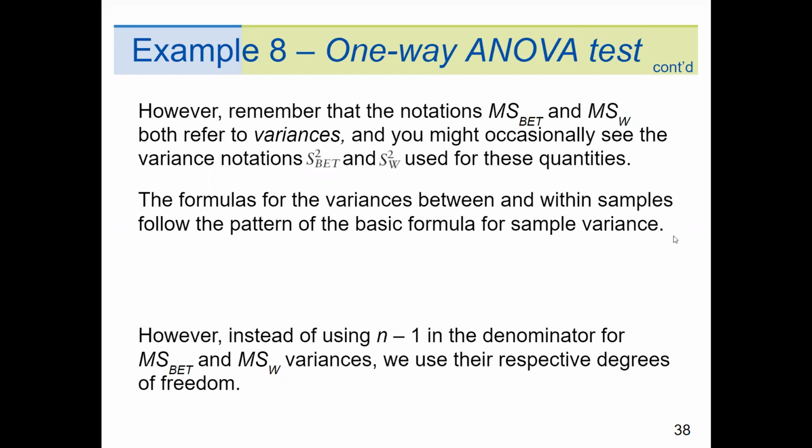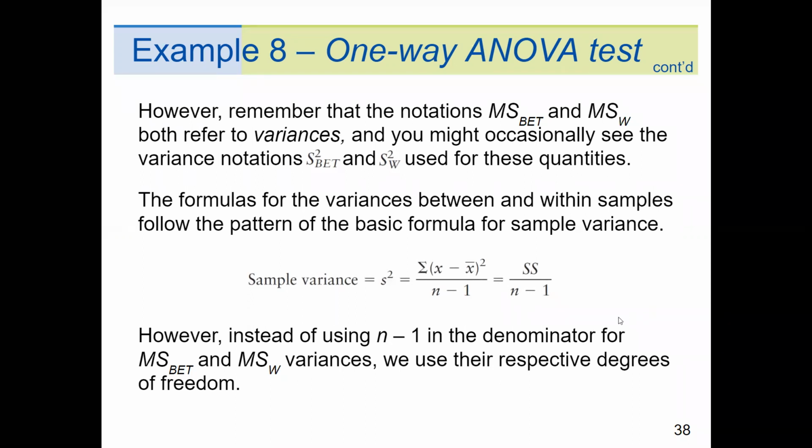The formulas for the variances between and within samples follow the pattern of the basic formula for the sample variance. However, instead of using n-1 in the denominator for the MSBET and MSW variances, we use their respective degrees of freedom.